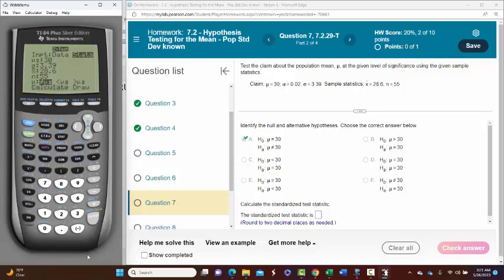Oh, I'm sorry, I messed up here. But everything's already going to be entered in there, so I can just bring it back. So the test statistic, it wants 2 decimal places, negative 3.06.